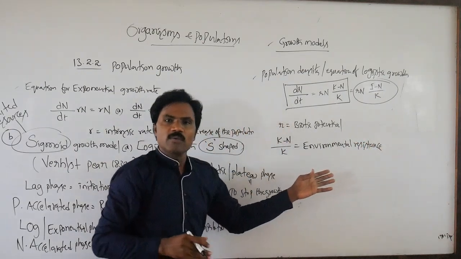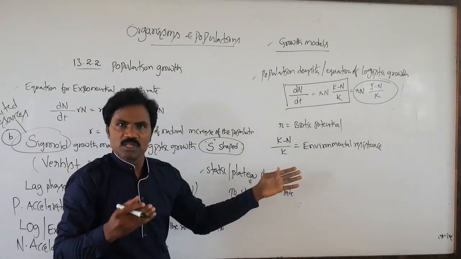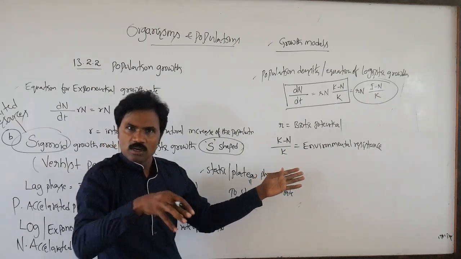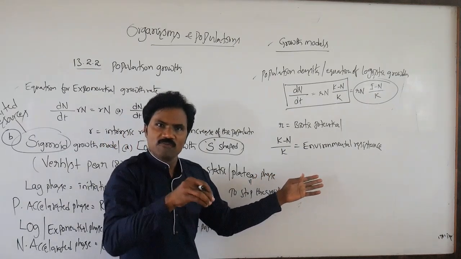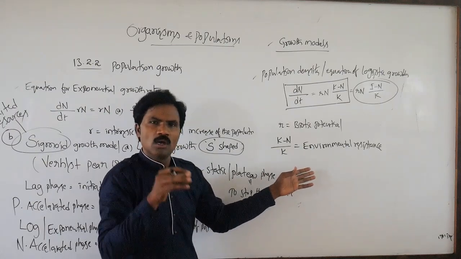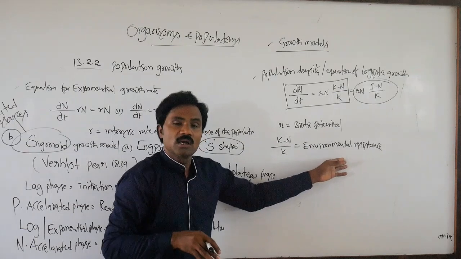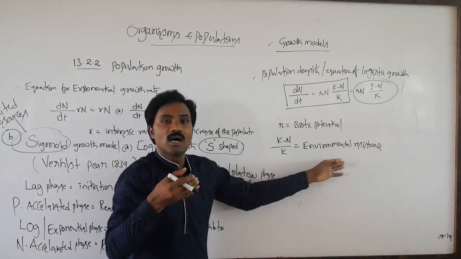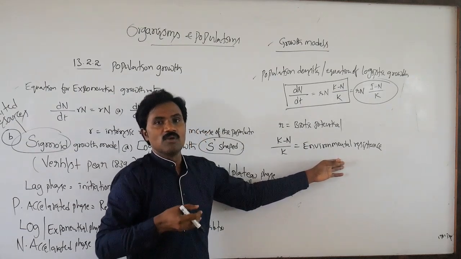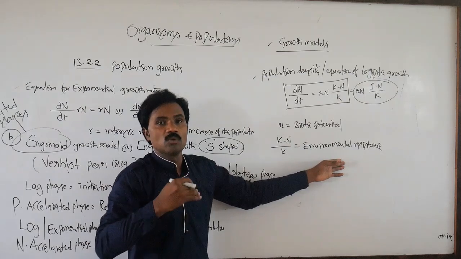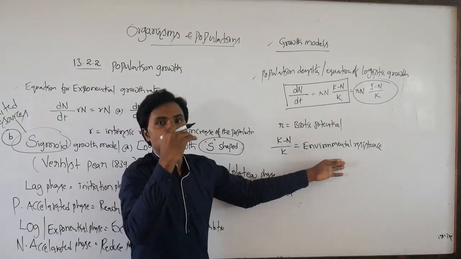According to the environment, whether temperature, cold, humidity, rainfall, type of soil, availability of food material, availability of space, all the environmental resistance, the organism which resists against adverse environmental conditions, whatever it may be, is ready to reach the specific area.